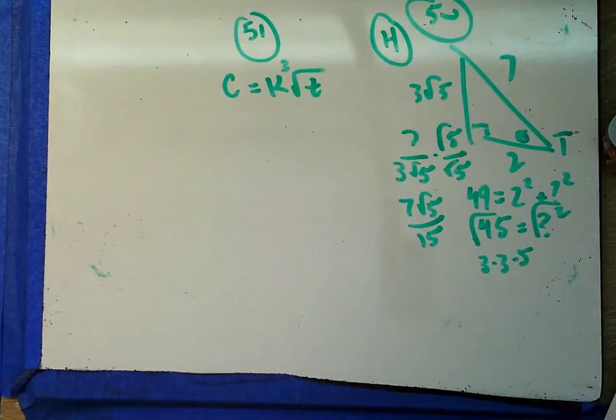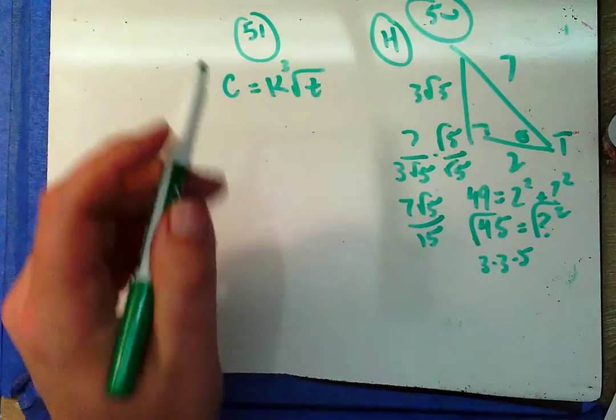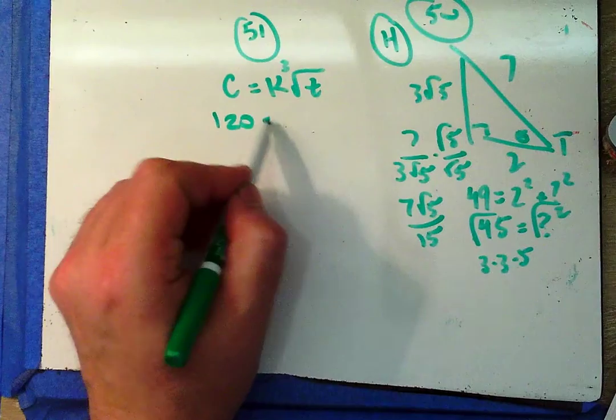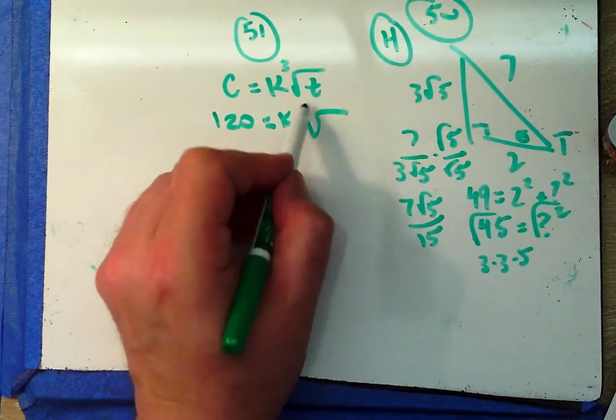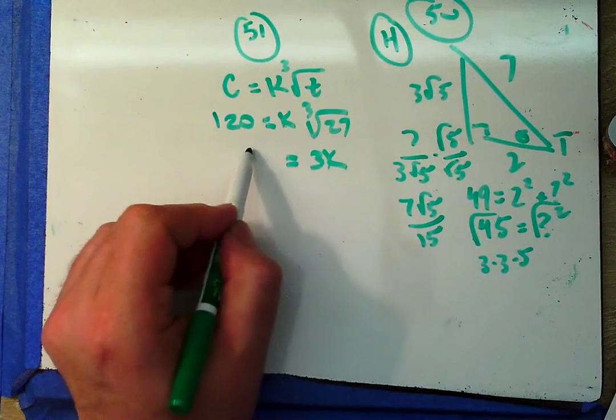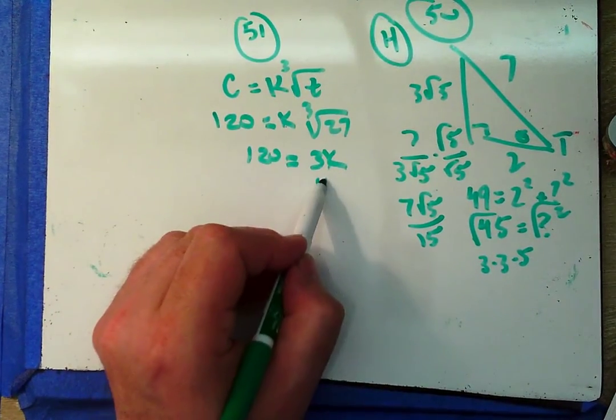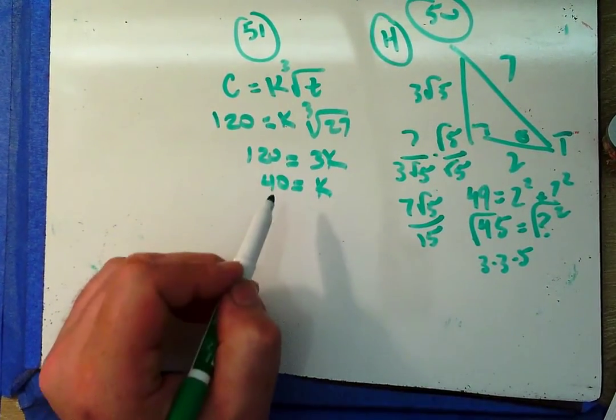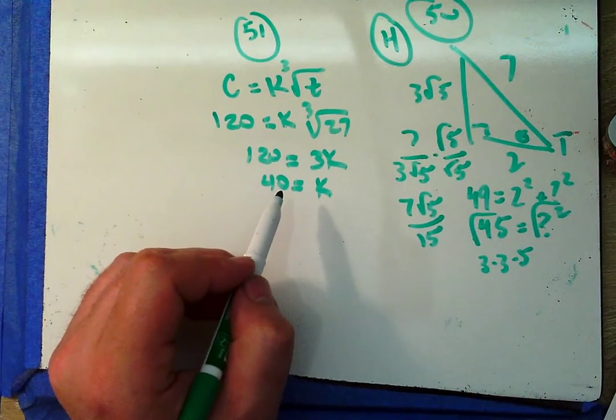It says here that 27 minutes of usage costs 120. So 120 equals k times cube root of 27. So 3k equals 120. k equals 40. Okay, we've got a k value.